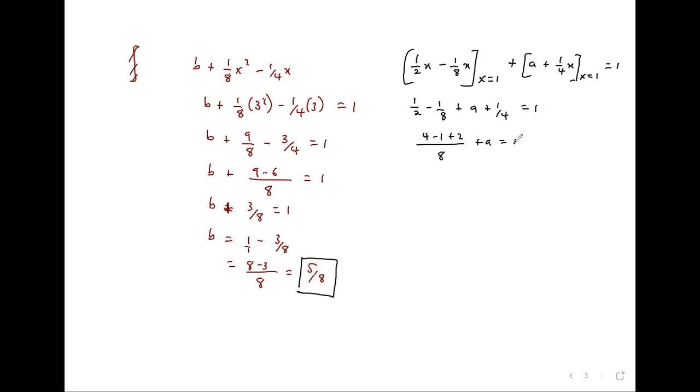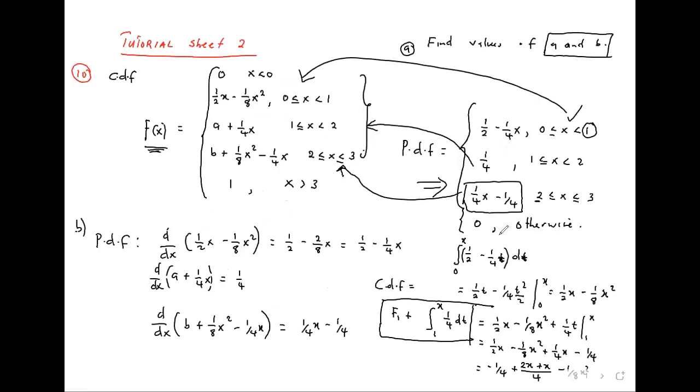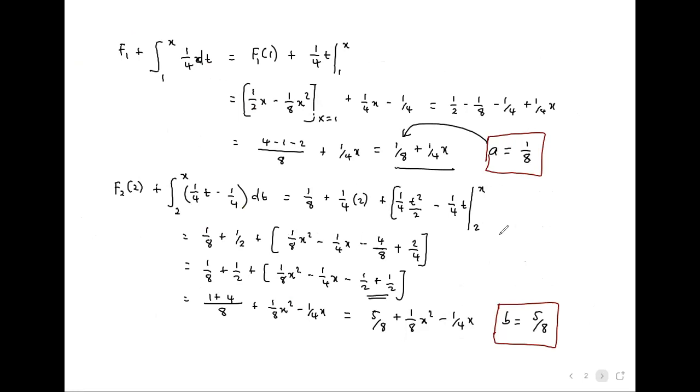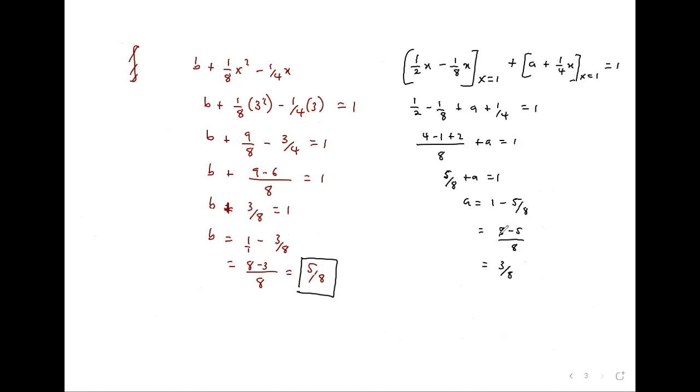That's 5 over 8 plus A is 1. So A is 1 minus 5 over 8, so we'll get 8 minus 5 over 8. That is 3 over 8. Let's go check. No, that's 1 over 8. So it means that you hit it.